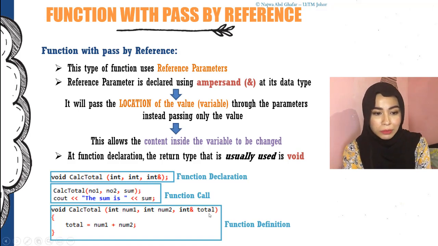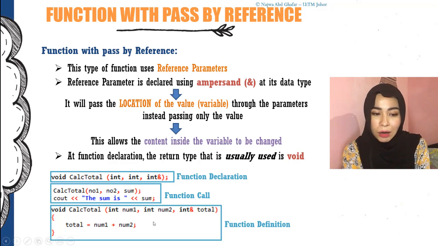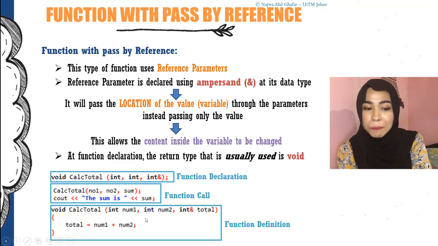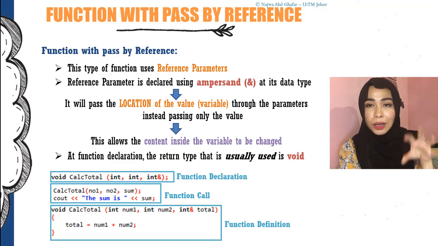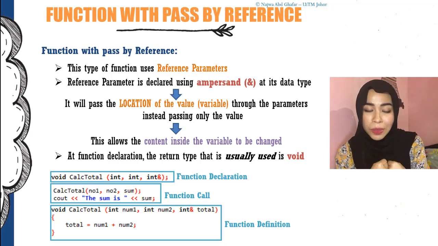In this example, you notice that from this function definition, we have int num1, int num2, and int &total. num1 and num2 are passed by value, meaning these two parameters receive values only. They receive data as num1 and data as num2.